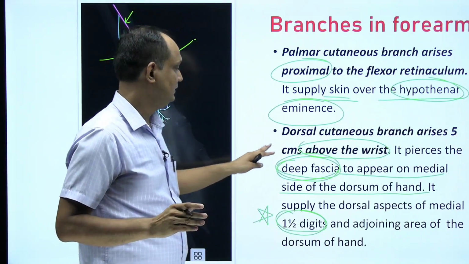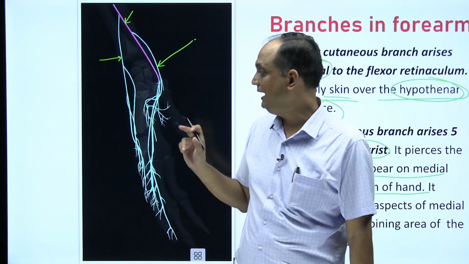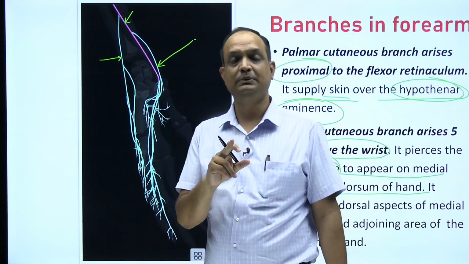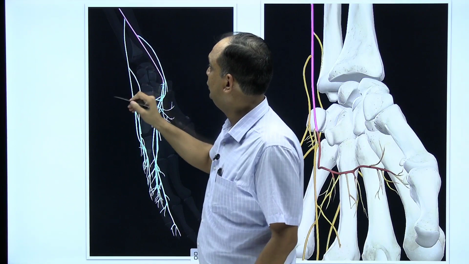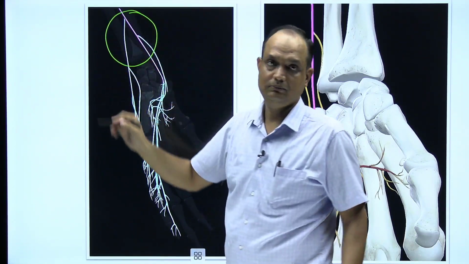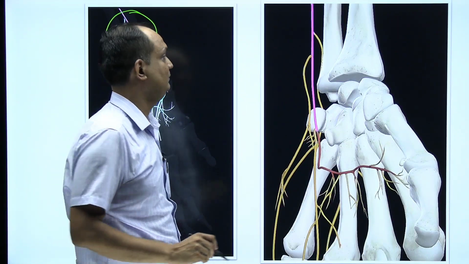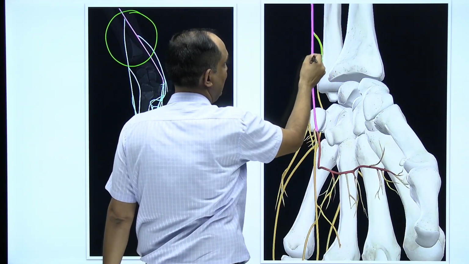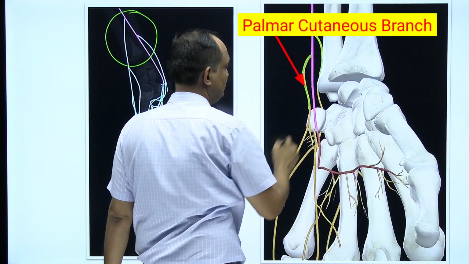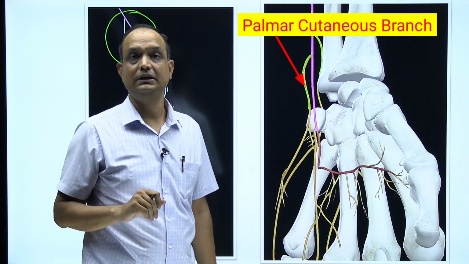So this ulnar nerve which we are talking about has two cutaneous branches, and both the cutaneous branches arise in the lower part of the forearm. Clear? So this should be very clear in your mind, that in this diagram also you can appreciate that this is the dorsal branch and this is the superficial branch of your ulnar nerve, which is cutaneous in nature.